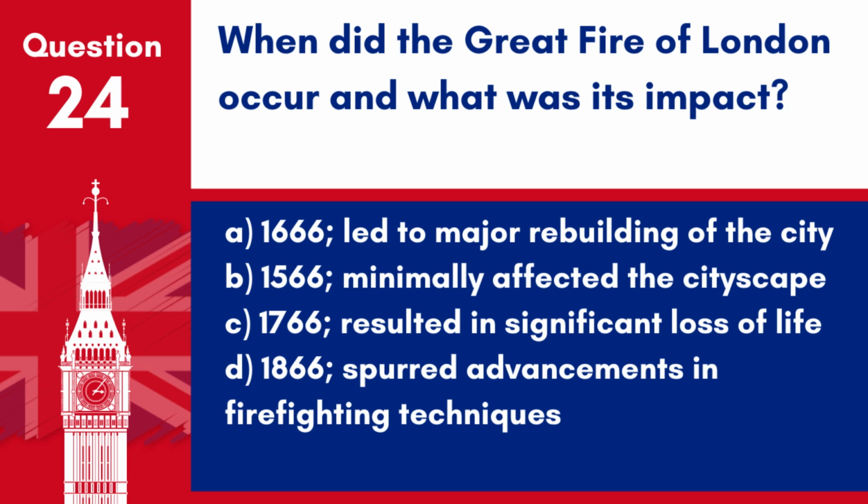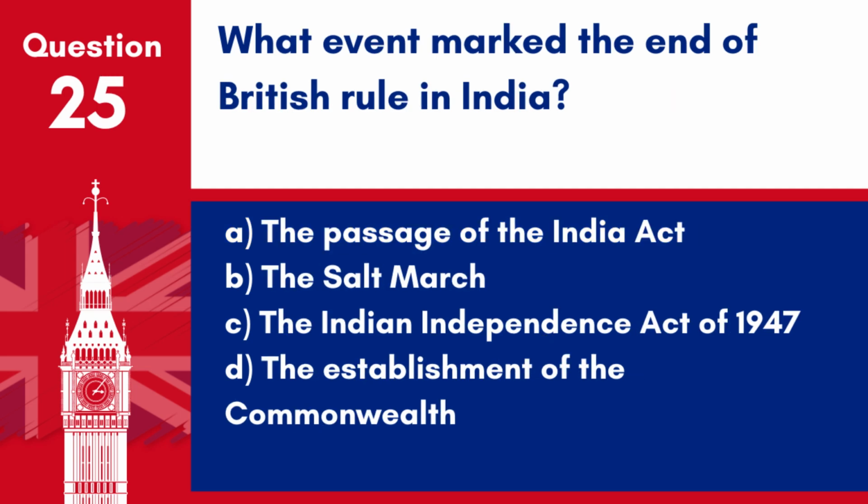D. 1866, spurred advancements in firefighting techniques. Answer A. 1666 led to major rebuilding of the city. The Great Fire of London in 1666 destroyed a large part of the city, leading to its subsequent major rebuilding with improved building codes. Question 25.